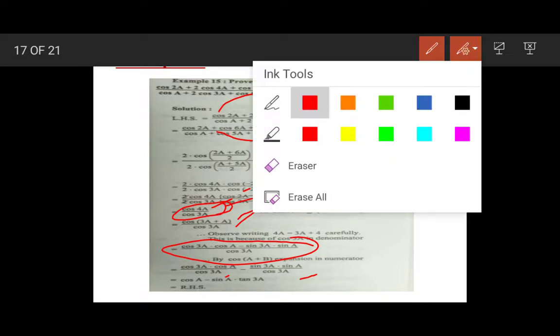Then I wrote cos 4a as cos (3a + a) and used the compound angle formula. Then I separated the denominator: cos 3a into cos a upon cos 3a minus sin 3a into sin a upon cos 3a. So then I got the right hand side. Clear? This is the first example.